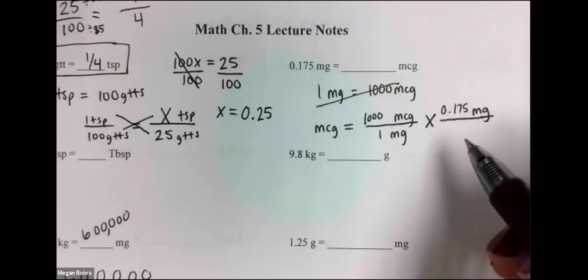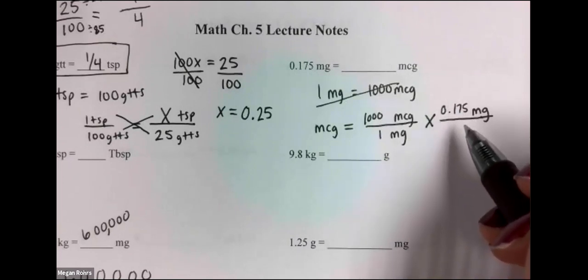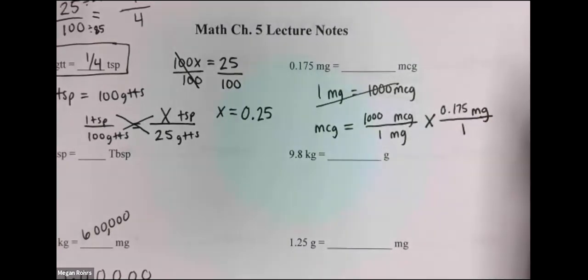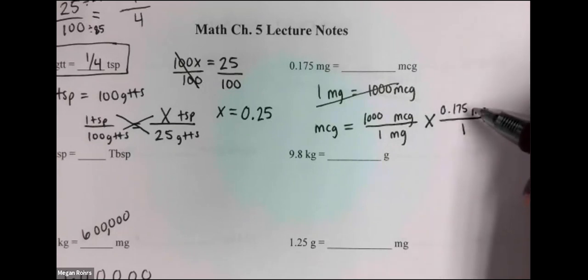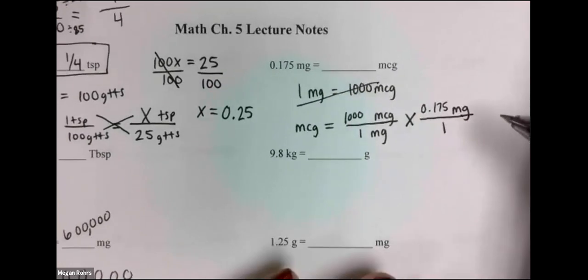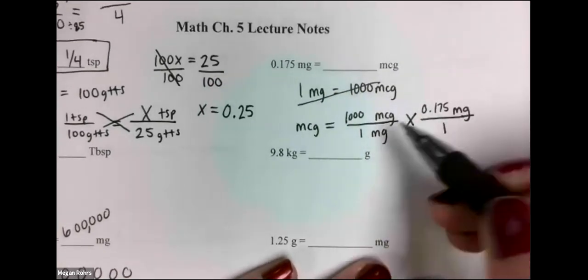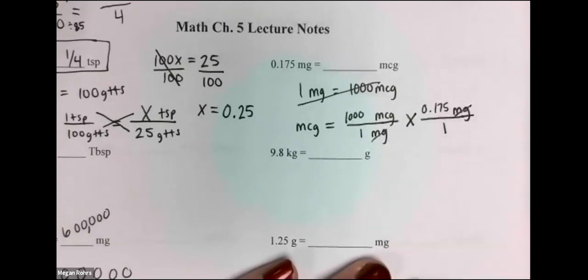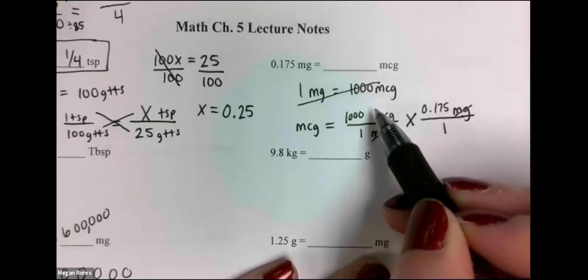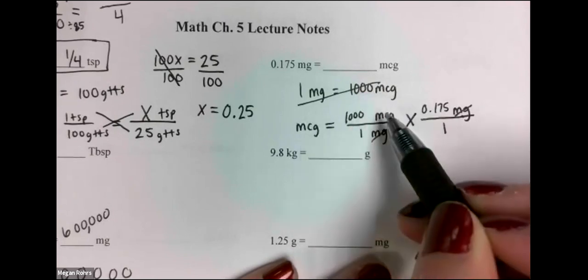So if it helps you remember, we just want to keep this by itself. We can always just put that over 1 because any number divided by 1 is still itself here, okay? So now these milligrams, these units, are going to cancel out. And we're going to be left with the unit that we're looking for, which is micrograms.